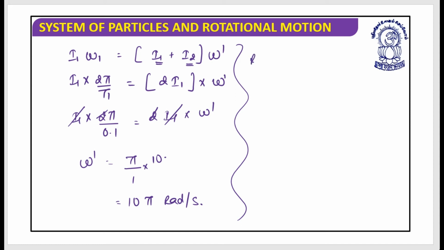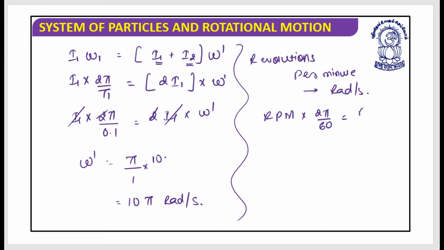When I need to convert revolutions per minute to radian per second, I just multiply RPM by 2 pi by 60, so that I get the radian per second.